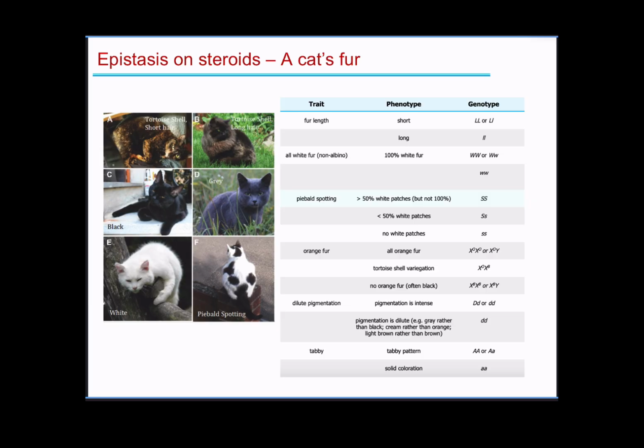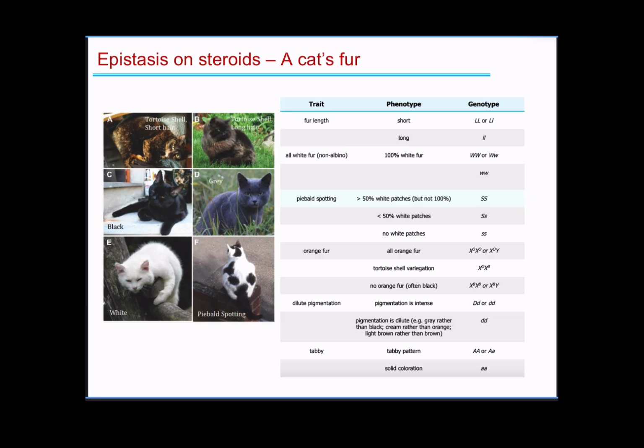This last slide is for your entertainment later, basically to show all of this in action. Here in this table, which is from your book, are the different traits that can contribute to a cat's fur, the different phenotypes associated, and the genotypes. That first column should be character, by the way, because fur length is a character, not a trait.